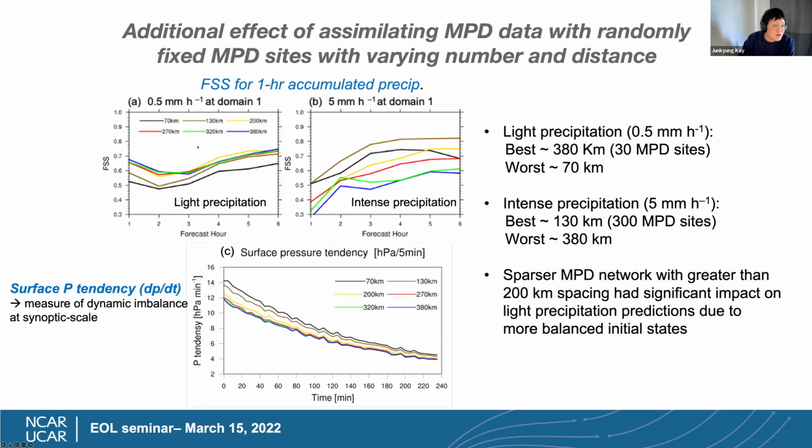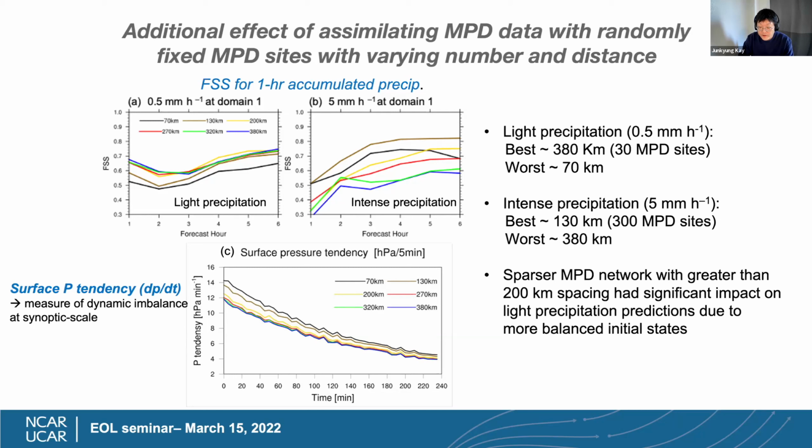So this blue line has a higher skill score than this black line, the 70 kilometer spacing. On the other hand, for intense precipitation, as the MPD spacing decreases from 380 kilometer to 130 kilometer, the MPD has more impact on intense precipitation.